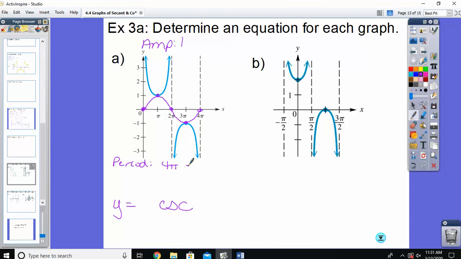Okay, we find period by doing 2 pi divided by the number in front of x. So if I multiply over my b, divide by 4 pi, I get 1/2. So it's y equals the cosecant of 1/2 x.